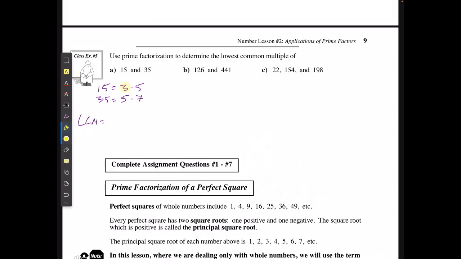I have a 3, I have a 5, and I have a 7. Those are all the different prime numbers. None of them show up more than once in any individual factorization, so I just need to multiply them together once. 3 times 5 times 7 and get 105.